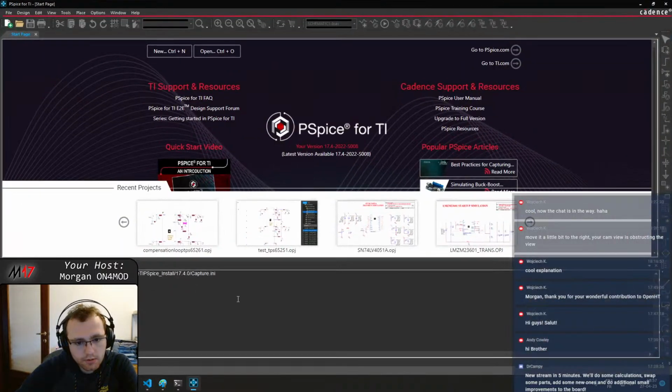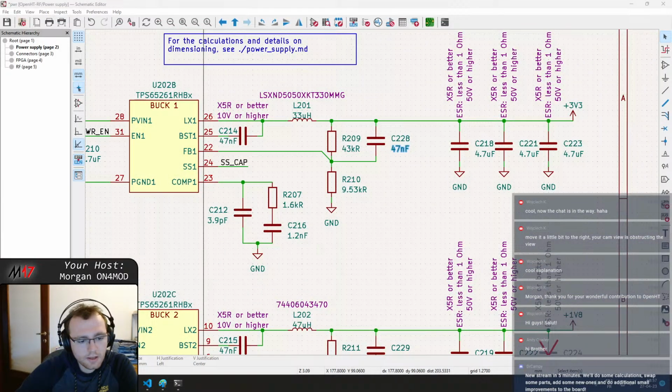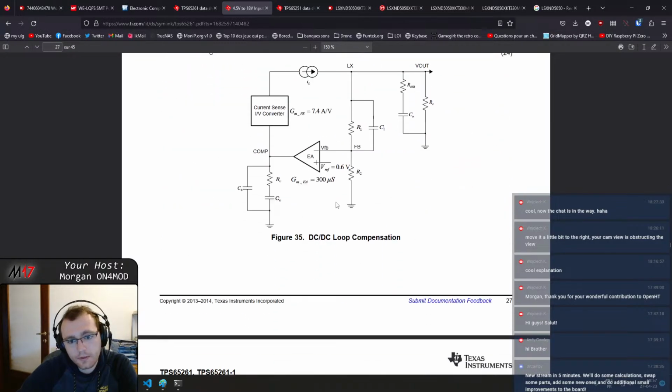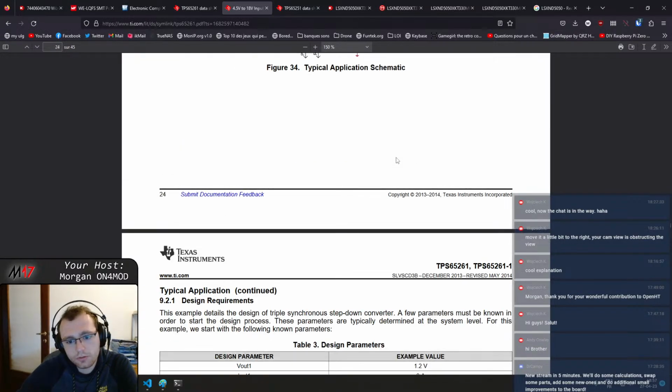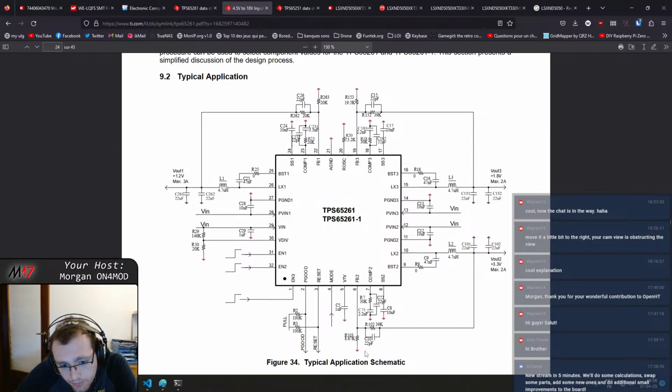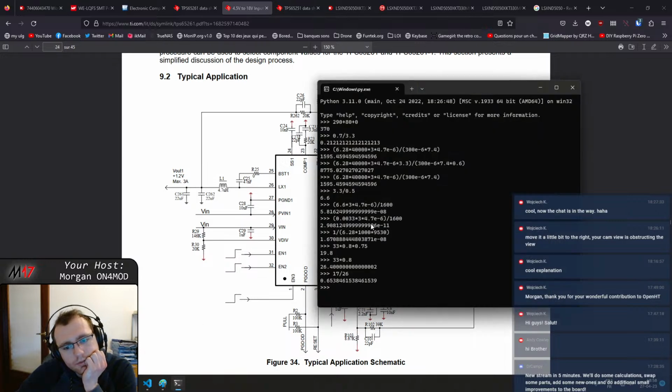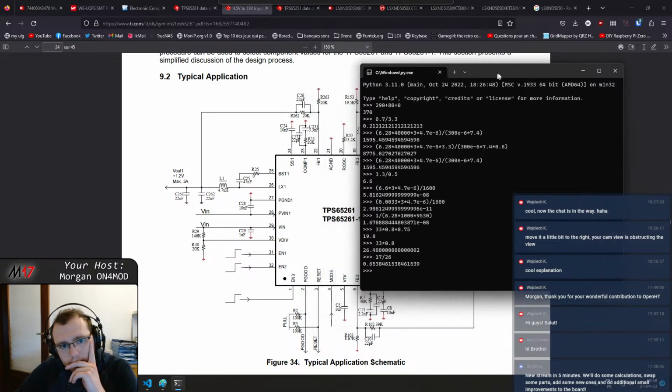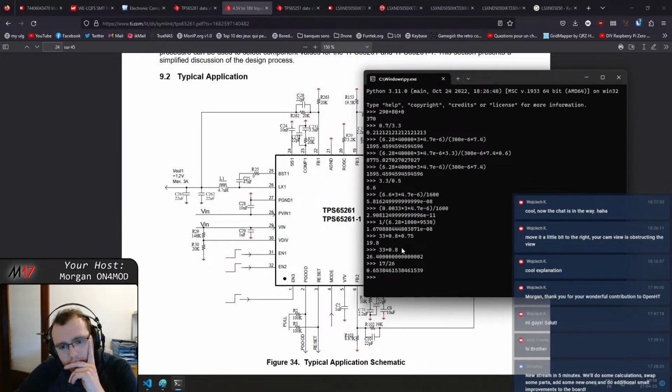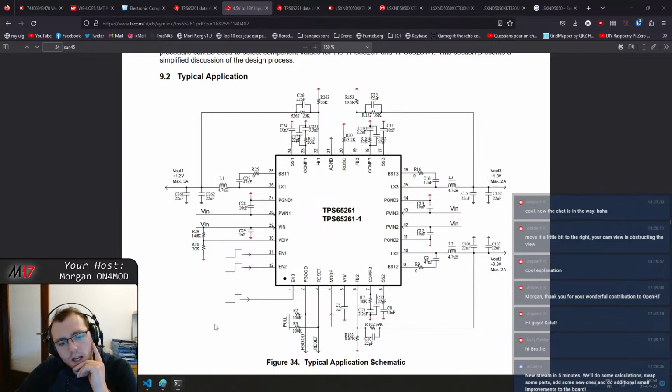If I have a look at their reference design, what did they use? They use very, very low value. I'm about 1,000 times higher than what they use, which worries me a bit.